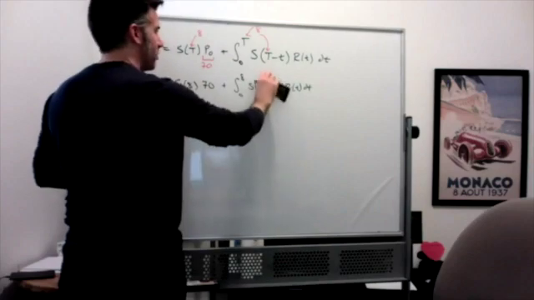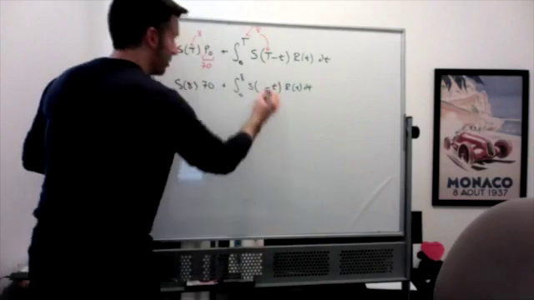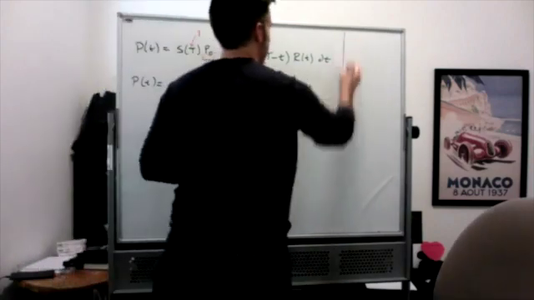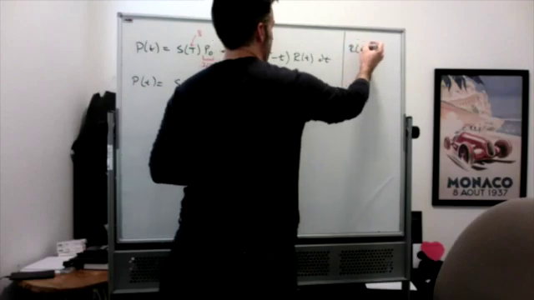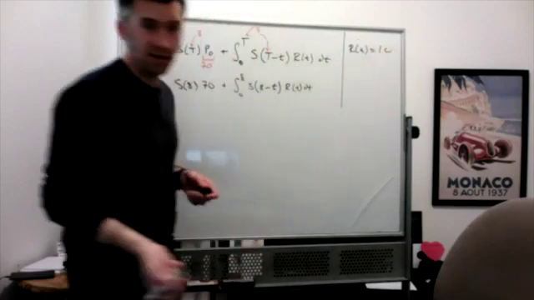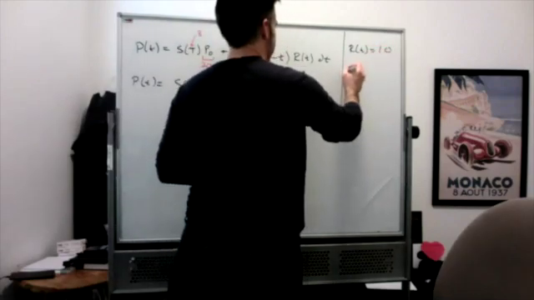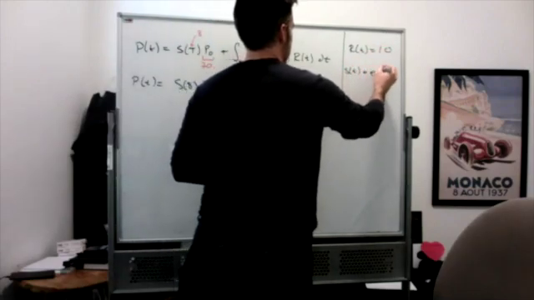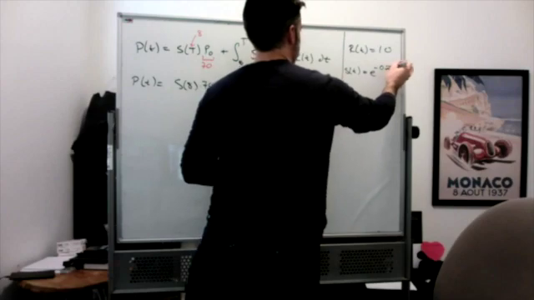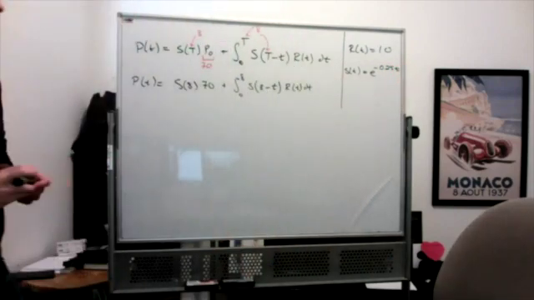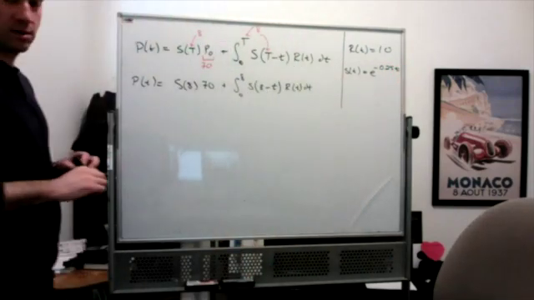And then I actually plug in what the functions are. We know that R of t is real easy here. R of t is just 10. That's about as easy as it gets. And I forget, S of t was e to the negative 0.25 t. Okay, so we're going to throw it in.